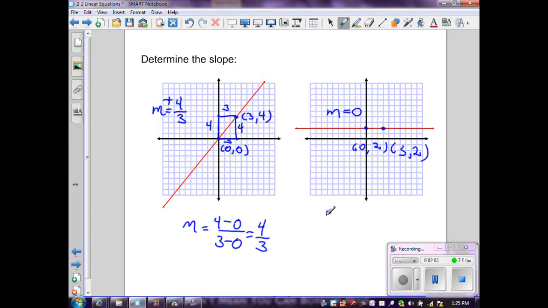And when I substitute, letting that be my x sub 2, y sub 2, 2 minus 2 over 3 minus 0. That's going to give me 2 minus 2 is 0 over 3. And we know 0 divided by 3 is 0, giving me a slope of 0.